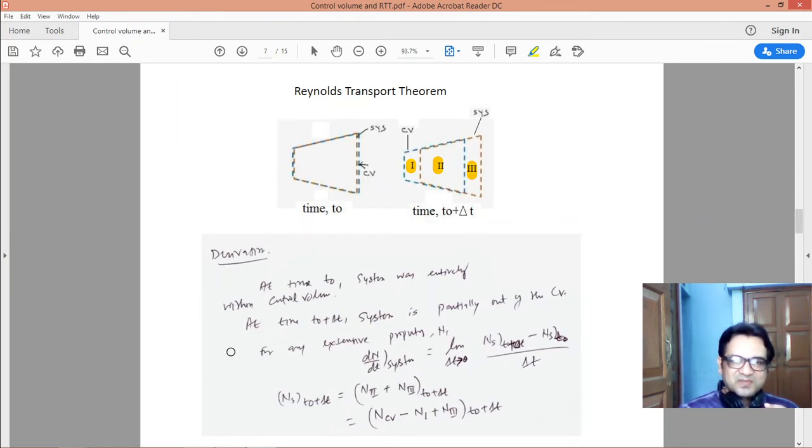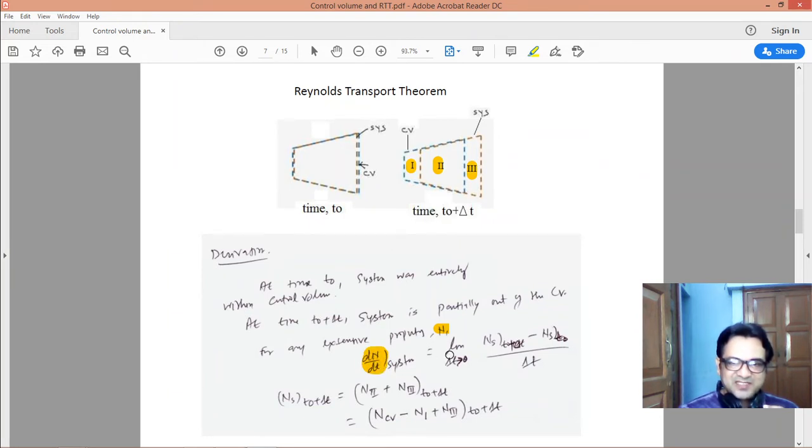Now, because all the physical laws are expressed in terms of the rate of change of the extensive property, for any extensive property N, what is the rate of change? The rate of change of the extensive property for the system, we can write using the definition of a derivative.